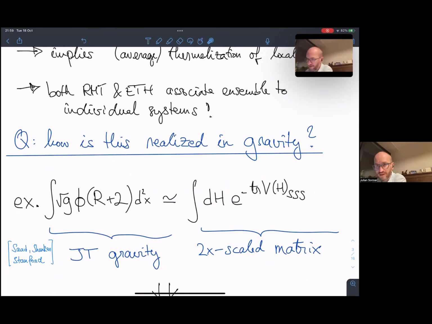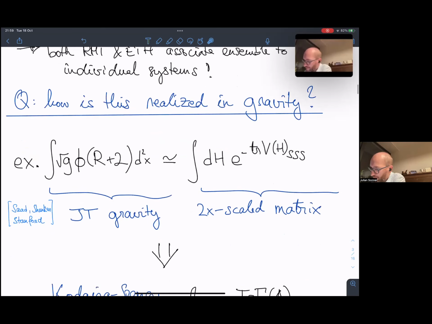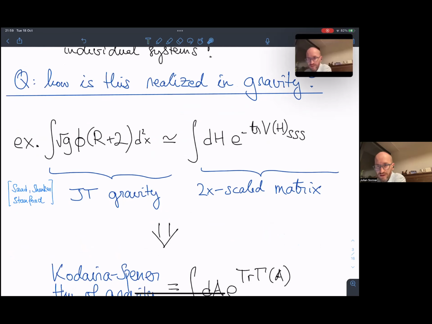Okay, so one prime example of a relation that will, in the first instance, be between gravity and random matrix theory is the celebrated connection between JT gravity, so this is Jackiw-Teitelboim gravity, for those who haven't heard, and a certain matrix model, which is an integral over one random matrix that we call H, but it's a random matrix model which is actually in a double-scaled sense.